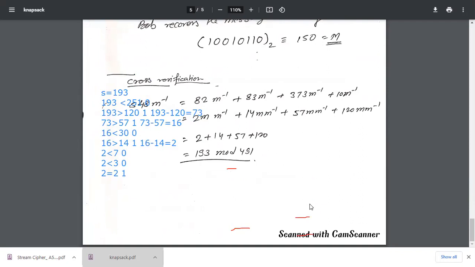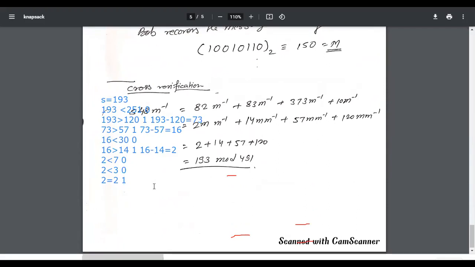For practice, we can consider an example. Suppose the knapsack private key, the super increasing function, is also given. Both are the same thing.